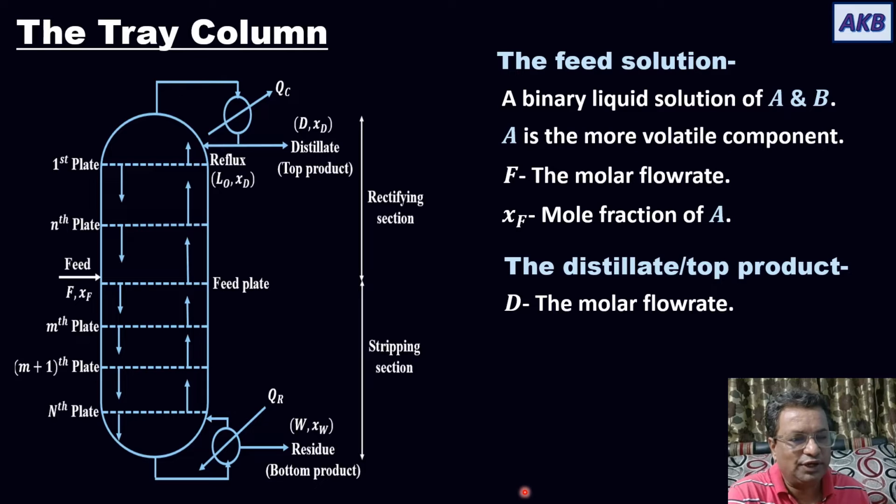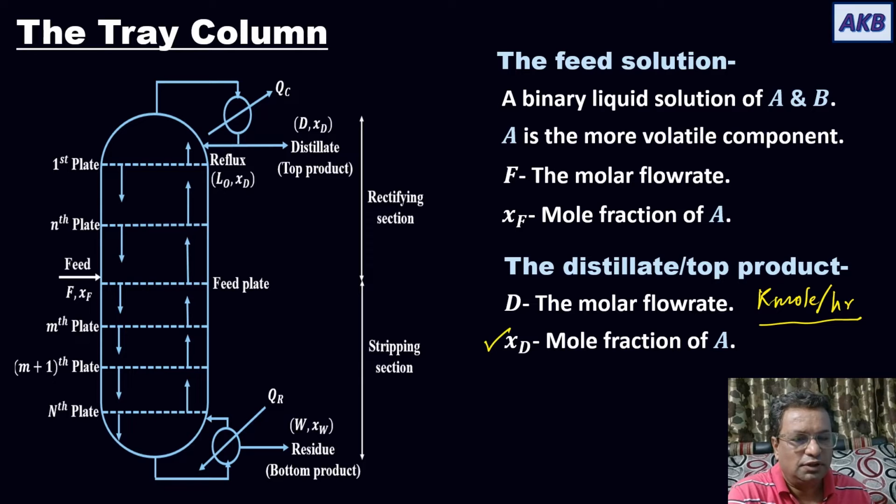What is molar flow rate? Molar flow rate is, for example, it could be kilomole per hour, that is moles per unit time. And XD is the mole fraction of A, that is the mole fraction of the more volatile component in the distillate.